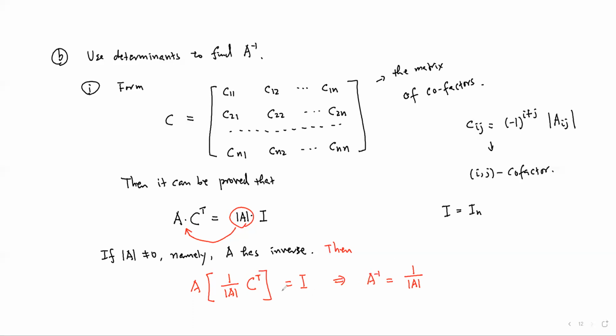Therefore, this matrix is the inverse of A. This formula is the formula for A inverse by determinants. Yeah, a cofactor is a determinant. Now let me show you one example about this formula.